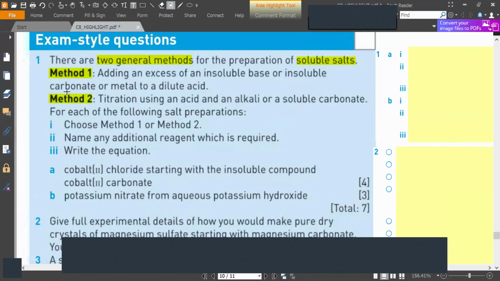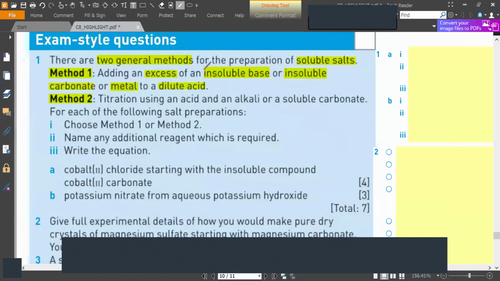The first one is adding excess of the insoluble base, insoluble carbonate, or metal to a dilute acid.